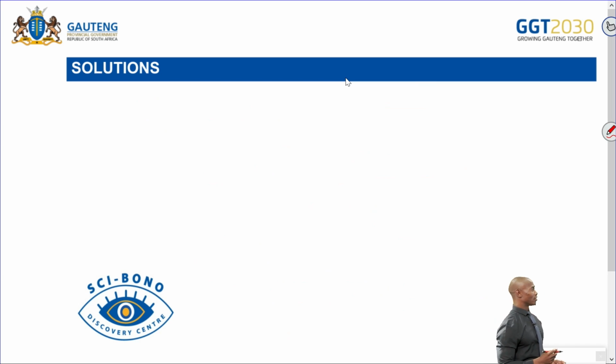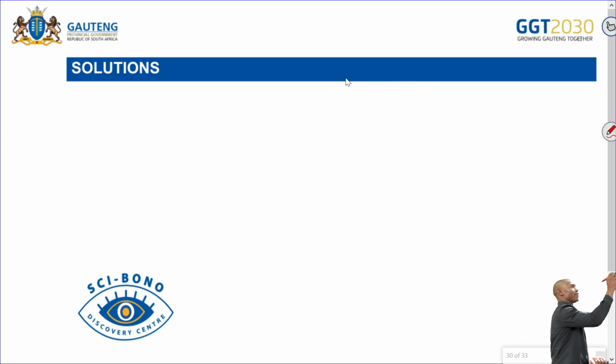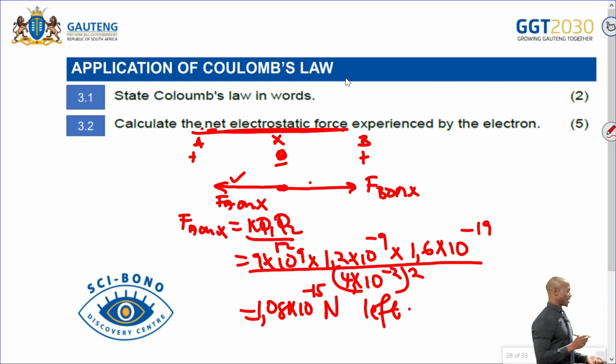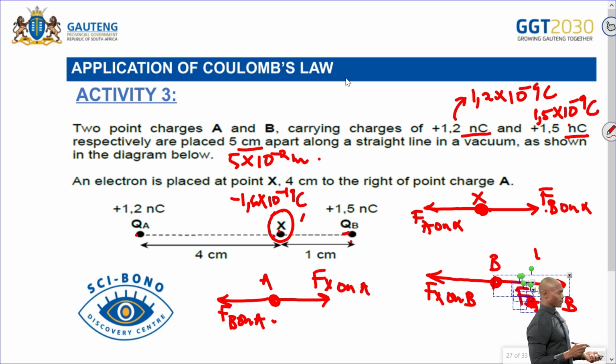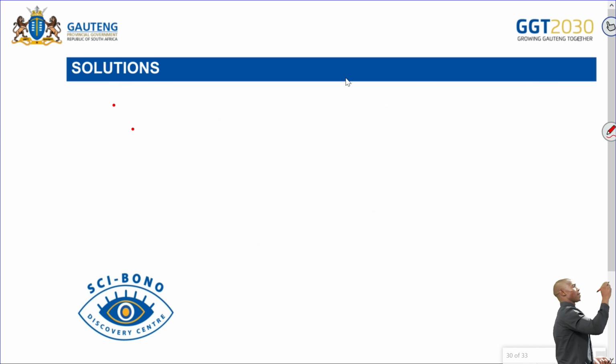Another thing that they can do here, you have X, A and B in one dimension along a straight line, right? We can have A, X and B just like this, A, X, B, right?